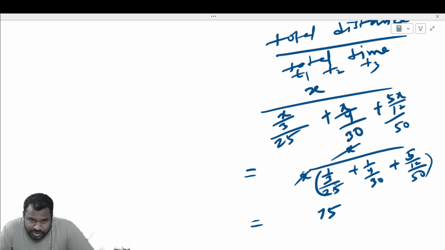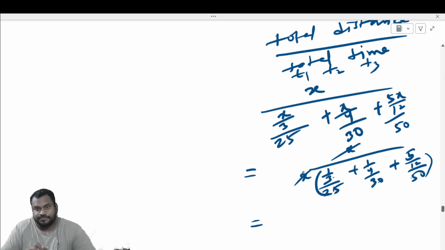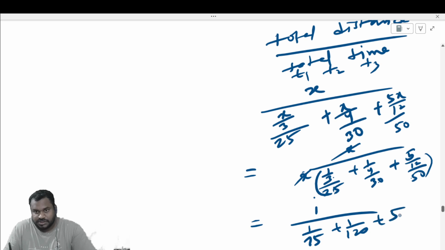See, 25 into 3, 75. 30 into 4, 120. 50 into 12, 600. You calculate that, then simplify it. 1 divided by 1 by 75 plus 1 by 120 plus 5 by 600.